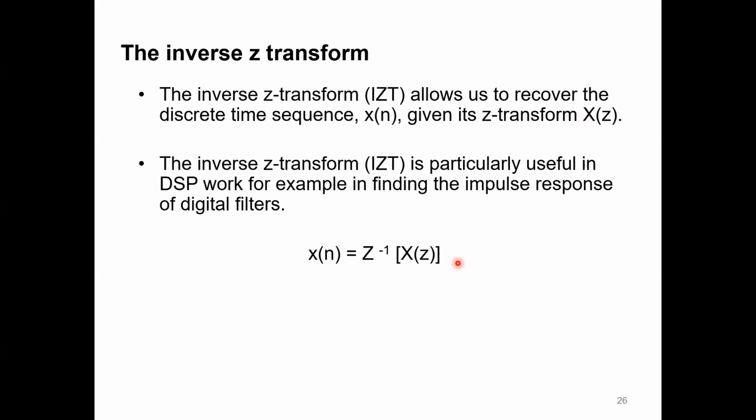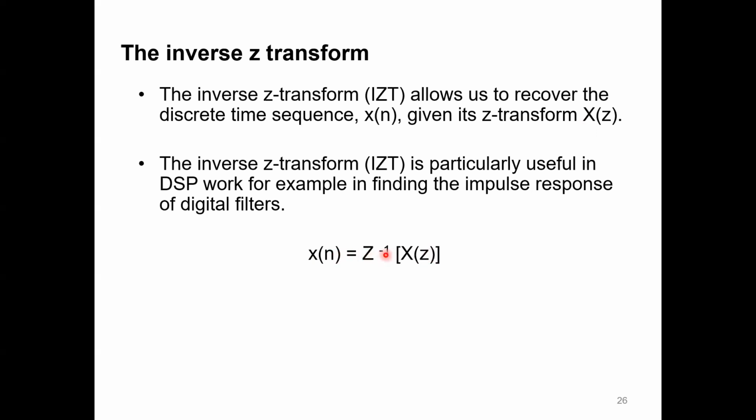Mathematically, you write it like that. Now you can see it over here. The left-hand side is basically the result of any transform, inverse or forward, right? It's the result or output. And on the right-hand side, you write the input, what goes into the process.